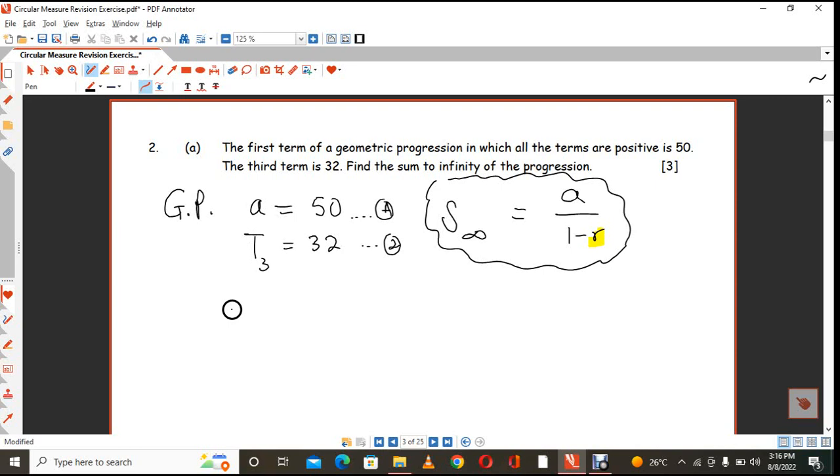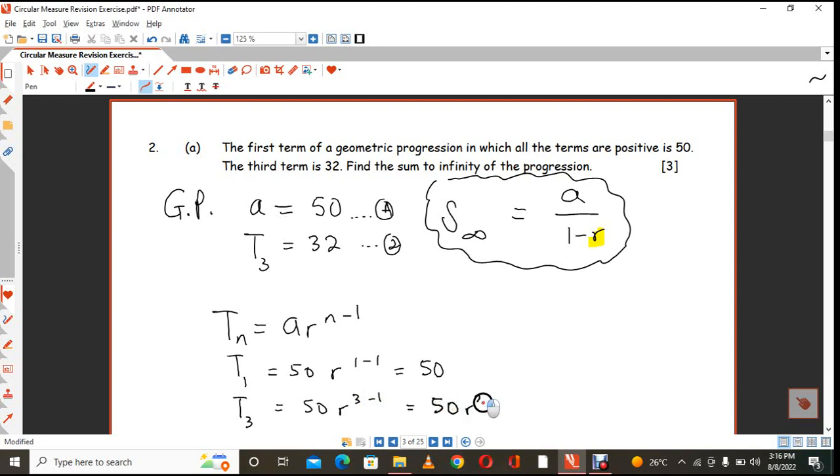Remember, when you are dealing with the rule for a GP, T sub n is ar^(n-1). For the first term, A is 50, so it's 50 multiplied by R to the power 0, and we now know that the first term is 50. Then the third term will be 50R^(3-1), which gives us 50R squared.